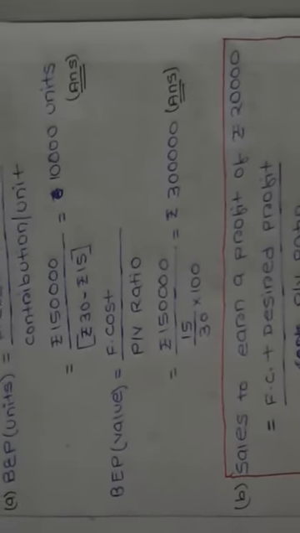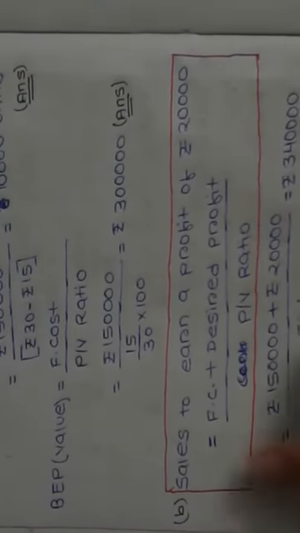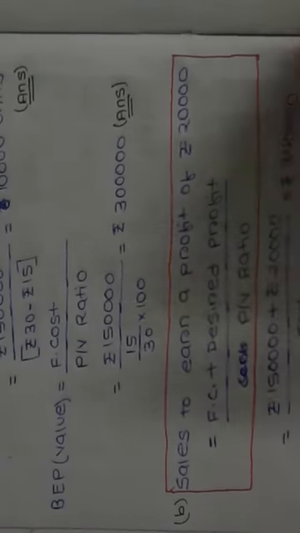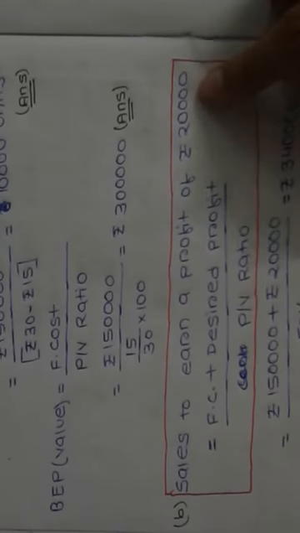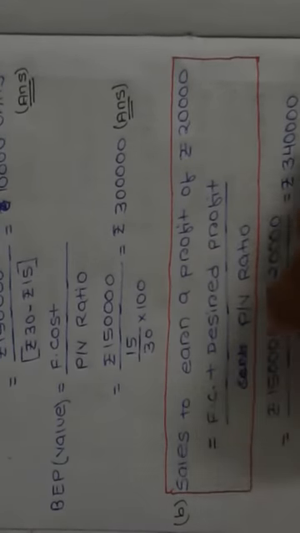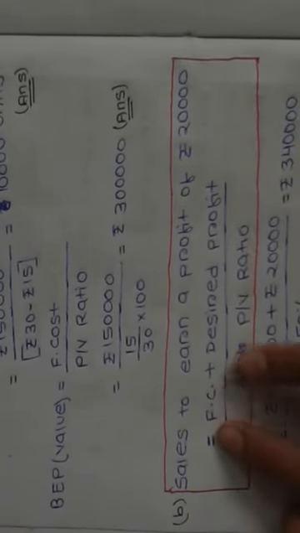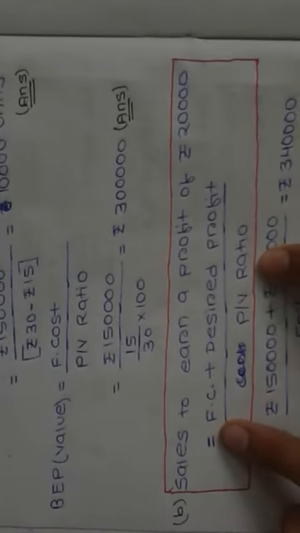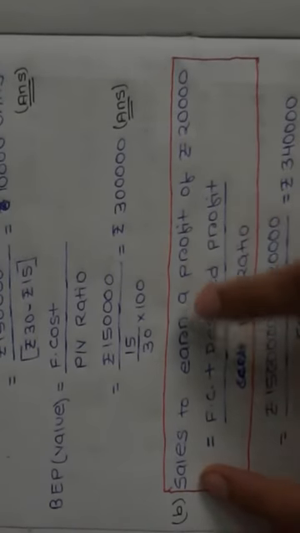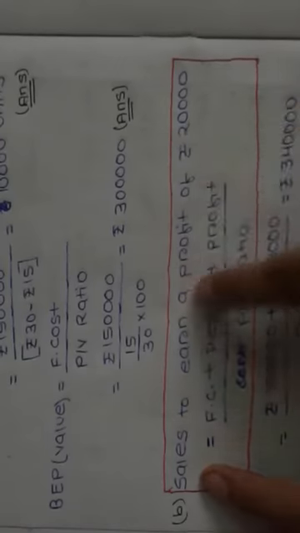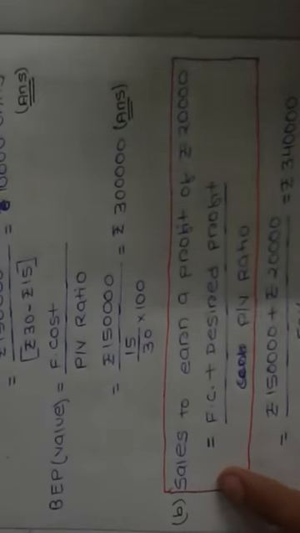Now the question is asking what will be the sales to earn a profit of rupees 20,000. The formula of sales to earn a desired profit is fixed cost plus desired profit by PV ratio. Desired profit may be anything, 20,000, 30,000, which will be given in the question.